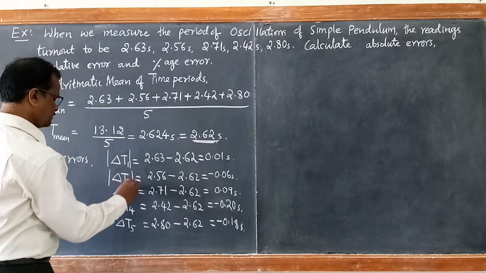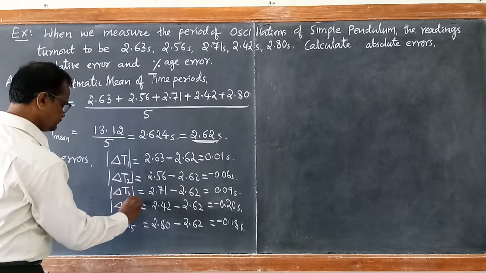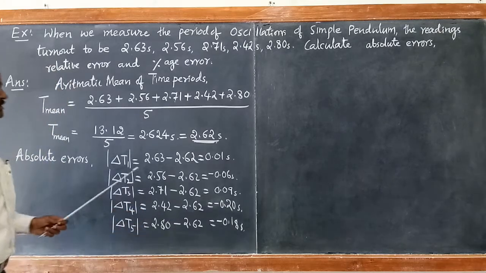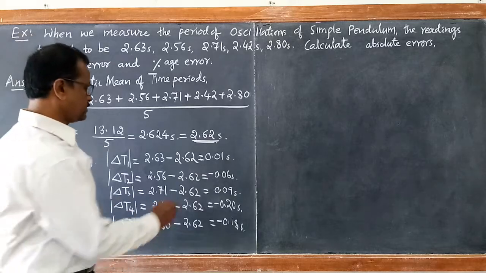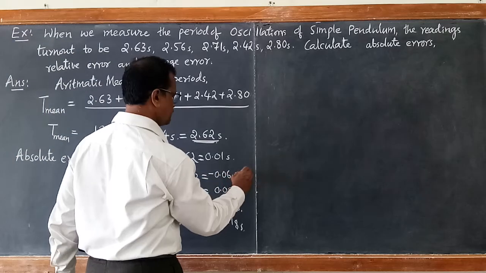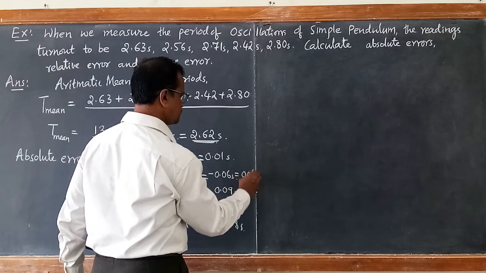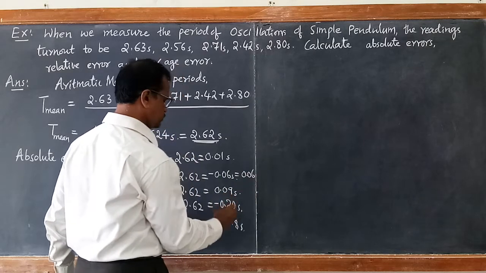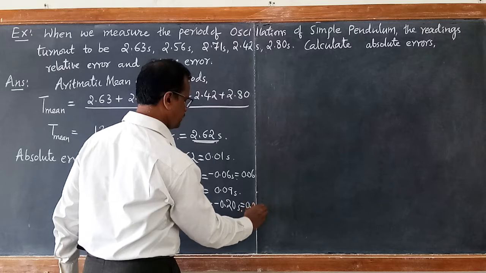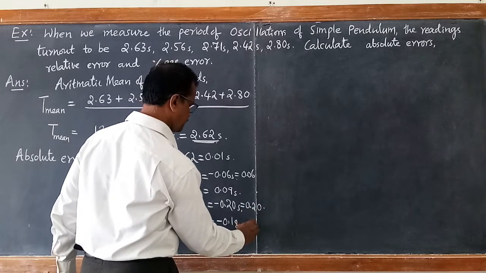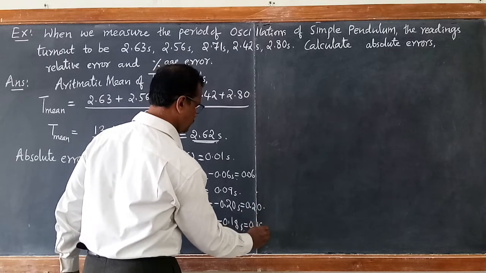Absolute values. The absolute value of this one is the same, 0.01, already it is positive. The absolute value of this one becomes plus 0.06. Here it is positive already. This becomes positive 0.20. Here it becomes positive 0.18.